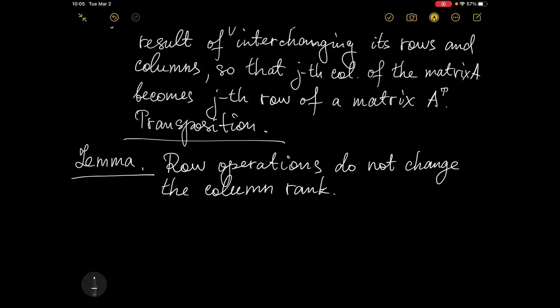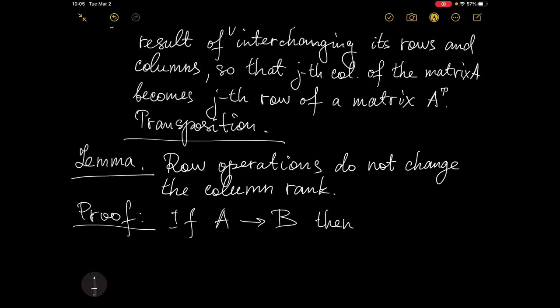So essentially, if A reduces to B using elementary row operations, then the column rank of B, or in other words, the number of linearly independent columns of B, equals the column rank of A.